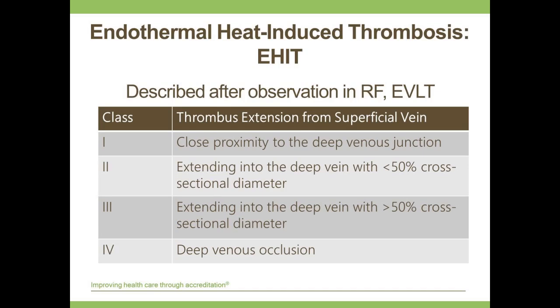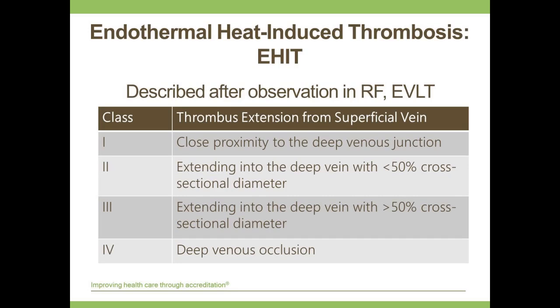What this is, is thrombus that extends from the treated vein into deep veins. It was originally described by Dr. Kabnick and his colleagues from the great saphenous vein extending into the common femoral vein.